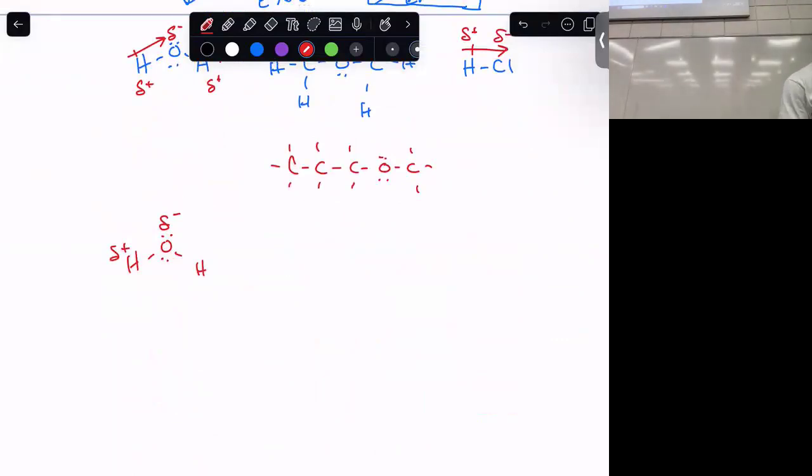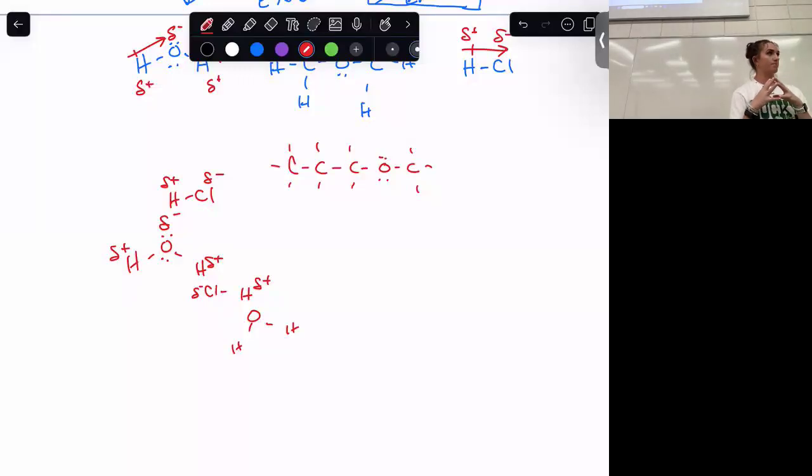The hydrogen, right? So something like HCl might end up here, with the partial positive by the partial negative. But then the chlorine over here is going to start interacting with the positive charge of the hydrogen. Then that keeps building up. This might have an oxygen here that it bonds to, and that's what holds them all together. It's because those charges can interact, partial and opposite. That's what keeps them so tight.